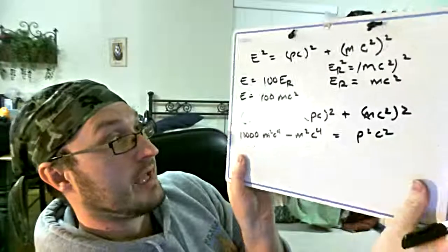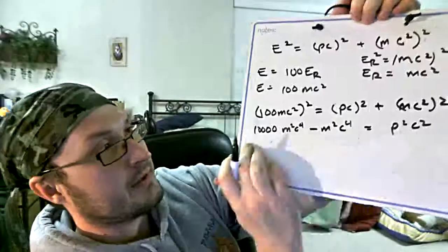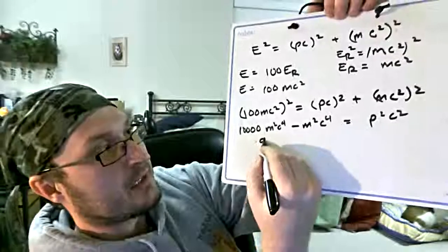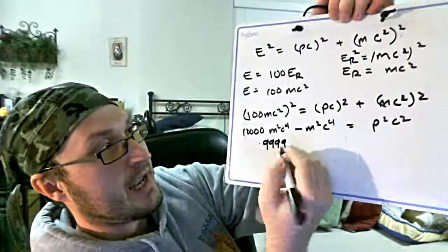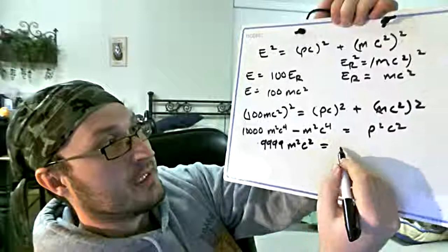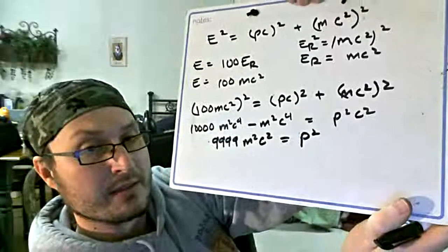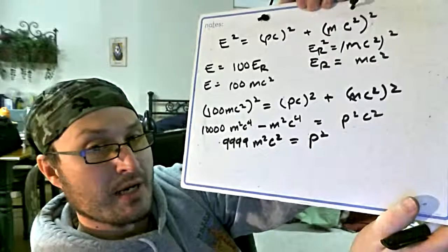Let's do that. I can divide a c squared through, and that's going to clear out, and I can combine these together, so I get 9,999 m squared c squared equals p squared. So I combine those and divide by a c squared, and that's what my p squared is.